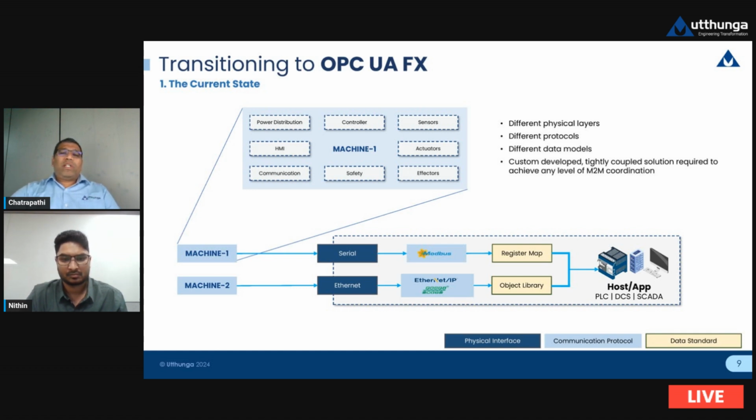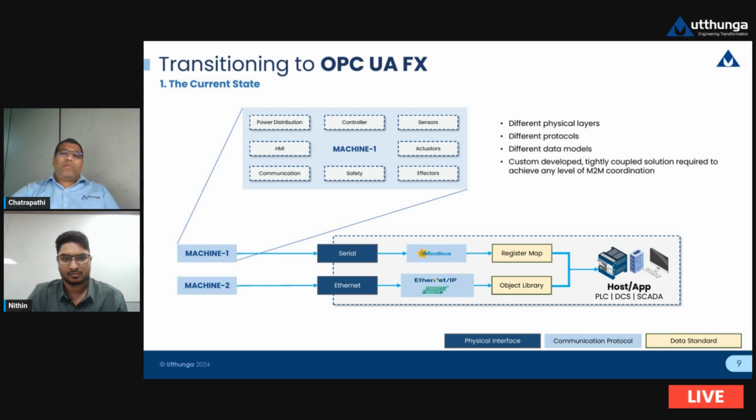If you look at it from that perspective, there could be different types of physical layers here, and then there could be different communication protocols that are already available, supported by these machines to talk to the outside. And the data, whatever this machine is making available for the rest of the system, how the data is structured, it also varies depending on these specific communication protocols.